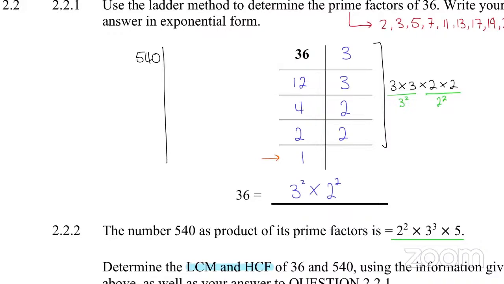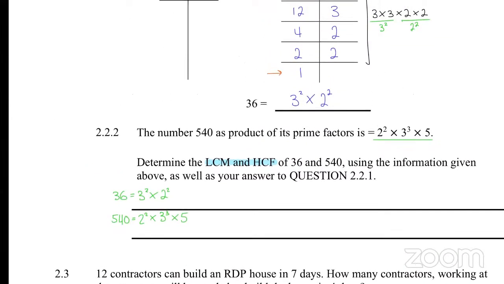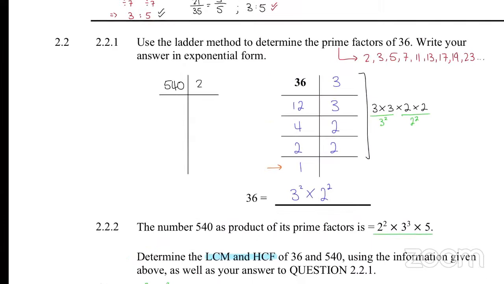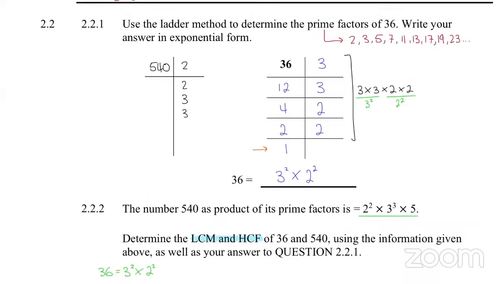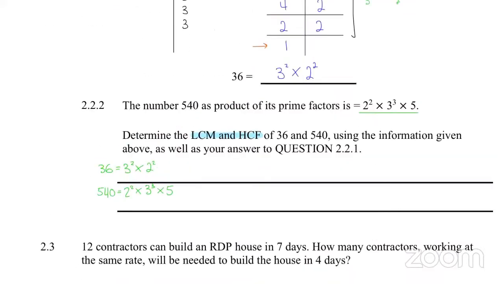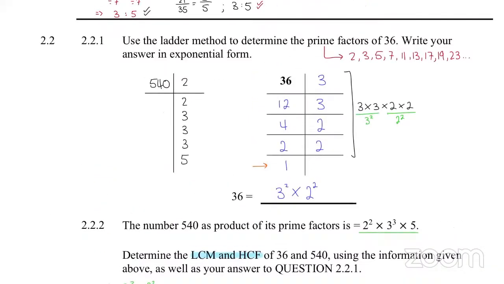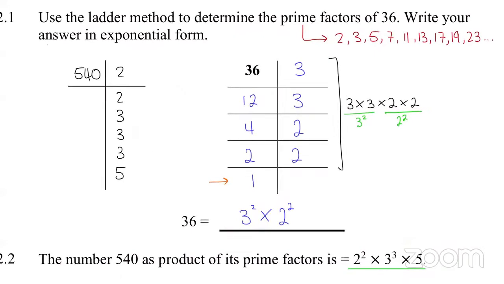I'm not going to actually do the division because it's already given to us. It's 2 squared, so I know I'm going to have 2 2s. 3 cubed, so I'm going to have 3 3s, and times 5, so I'm going to have 5. Now maybe this format we are more used to utilizing to solve for HCF.